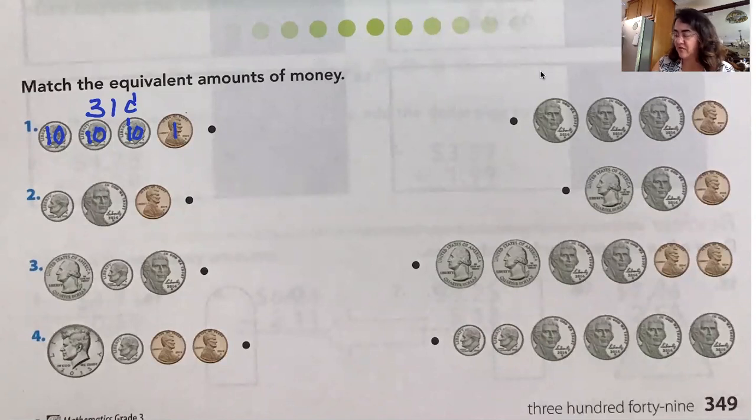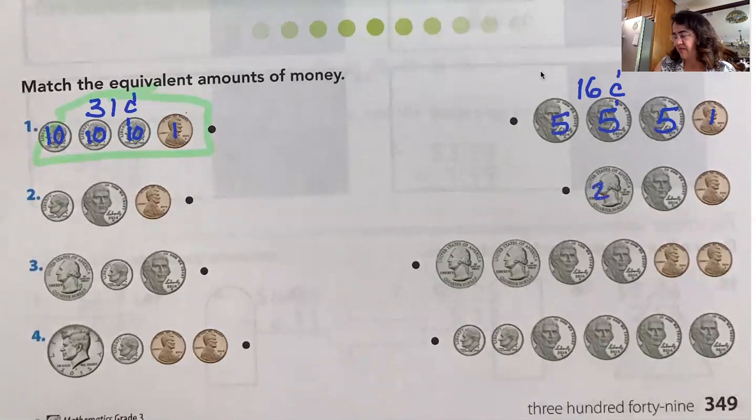Now we have to count over here and see if they match. So we have 5 cents, 5 cents, 5 cents, and 1 cent. I have a total of 5, 10, 15, 16 cents. Are they the same? Nope. Let's go to the next one so we can find the same as my 31 cents over here. That's what I'm looking for first.